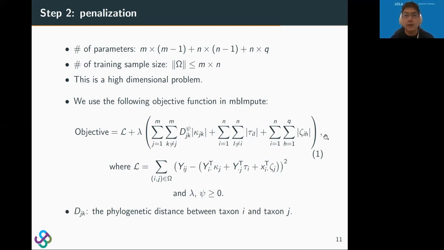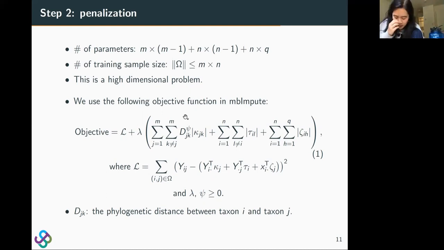So for example, the microbiome has several levels: you have the genus, you have it at species level, and you may have it at a kingdom level. So if two taxa belong to the same genus, they will have a smaller distance in the phylogenetic tree.